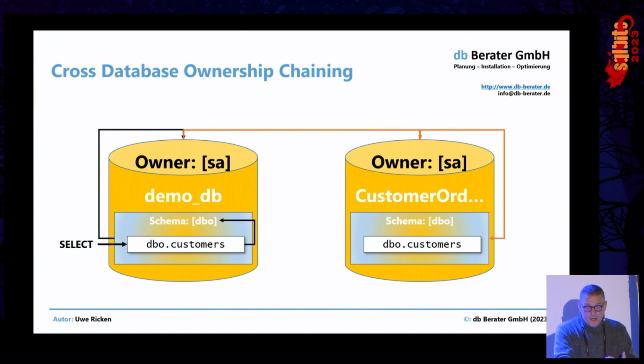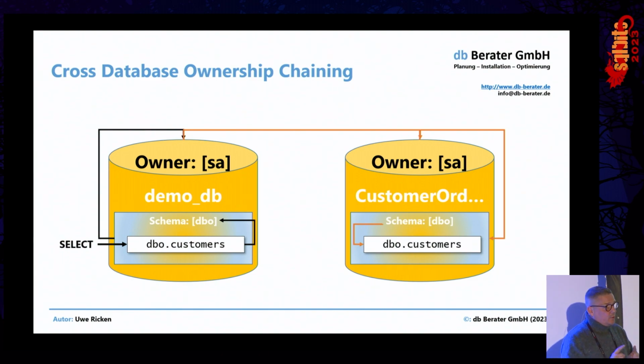And then we go down to the schema and check, does this schema belong to the DBO, so to the owner of the database? Yes or no. And if it belongs to him, then it says, is the owner of the database the same as from the original database? Yes, we are. Thank you so much. Then I do the select on it.